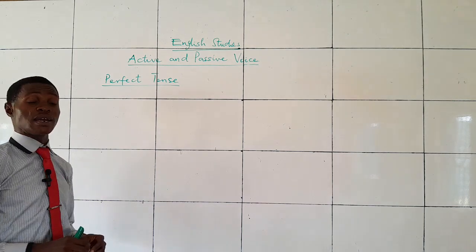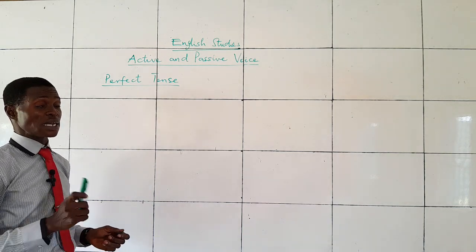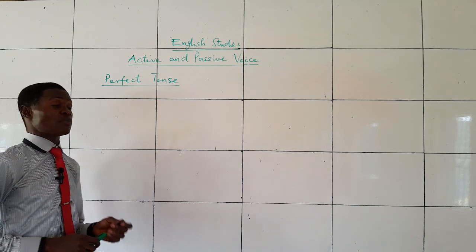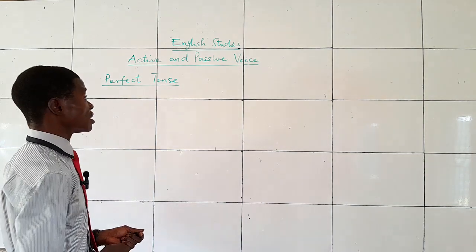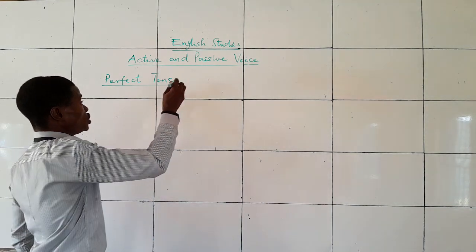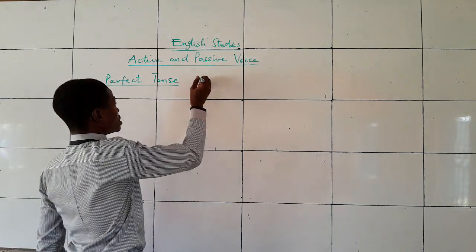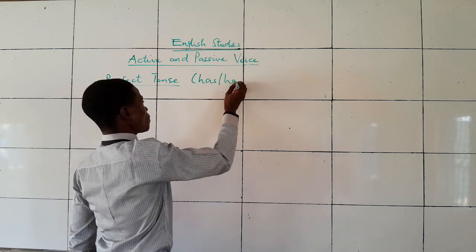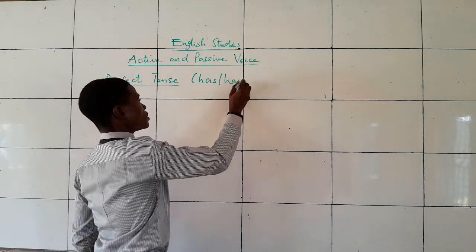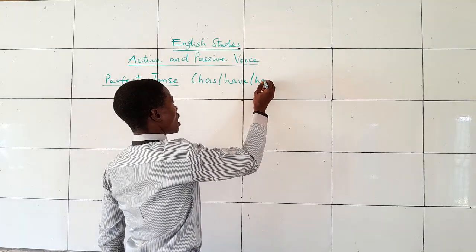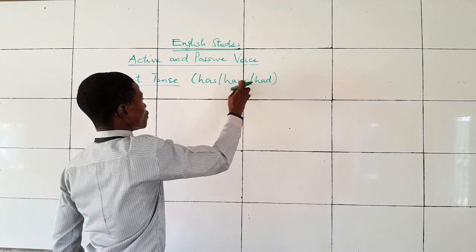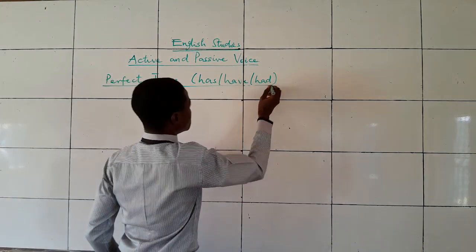How do we identify a perfect tense? The time we were examining this in our first episode of active and passive voice, we mentioned the fact that we use the anomalous auxiliaries. They are has, have, and had as the markers for the perfect tense.